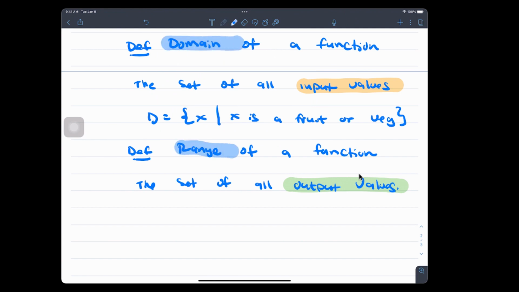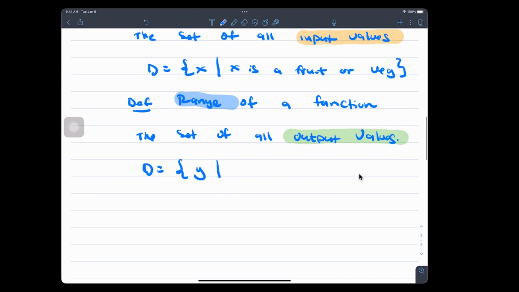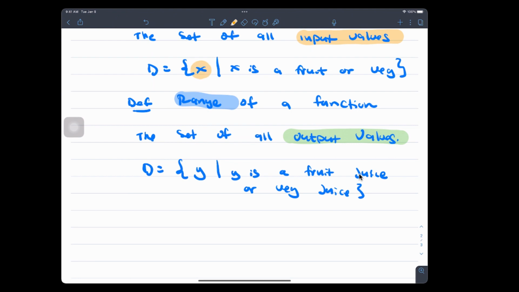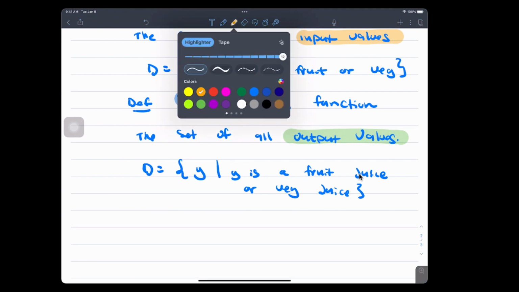So in this example here, we can say, and we let y be the value, because y is f of x. What do you guys think we get? We're going to say y is going to be a what? A fruit juice or a vegetable juice. Okay, so just to kind of express to you guys how that works. Okay, you got your x values. And you got your y values.